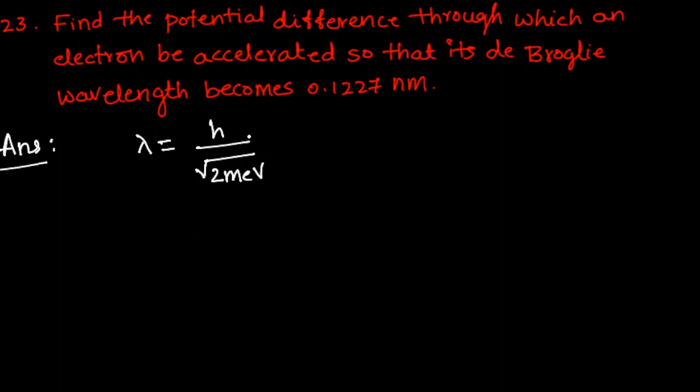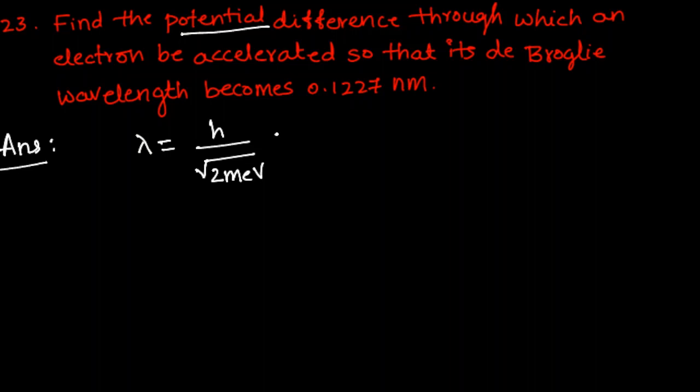Now wavelength is given, lambda is given here. Then what is potential? We have to find the potential difference. That is V. We have to find V.